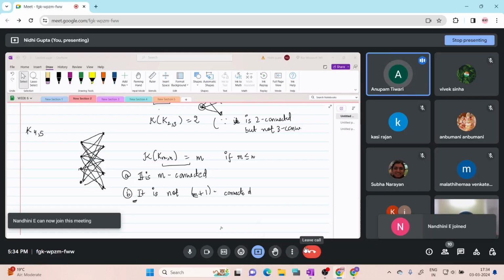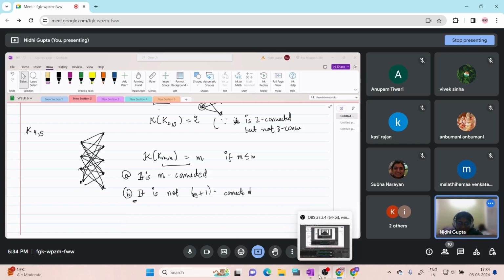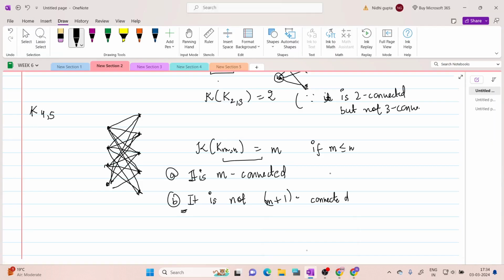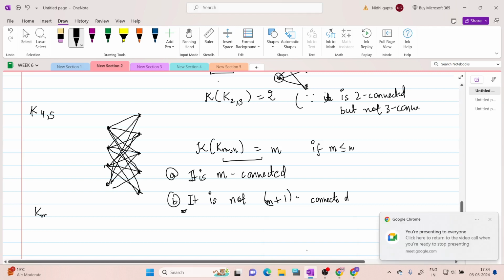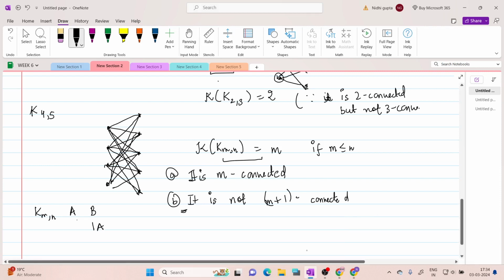Because for M plus 1 connectivity we would have to remove M vertices. If you remove M, then one side is gone. Basically, KMN comes from two partitions A and B, and the order of A is M. If we remove A, looking at KMN minus A, we are just left with B. Since this is a bipartite graph, these vertices have no edges between them, and therefore after removing A the graph becomes disconnected.